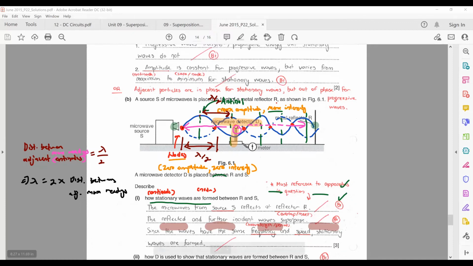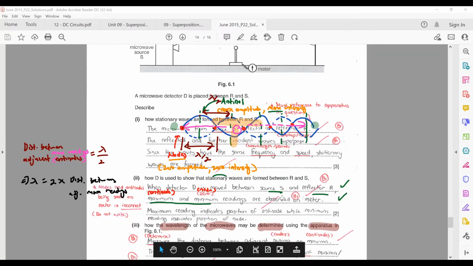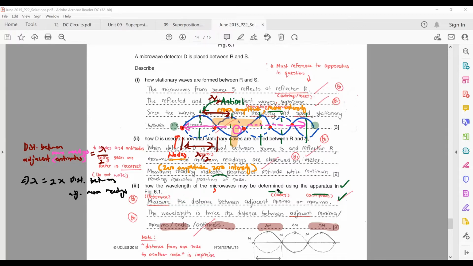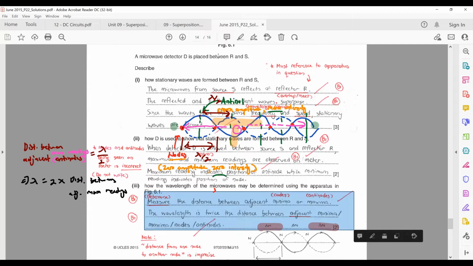Depends on what you want. So your answer would be something like this. Measure the distance between either adjacent maxima or minima. The wavelength is twice the distance between the adjacent minima, maxima, nodes or antinodes. What I wrote here kind of includes everything.